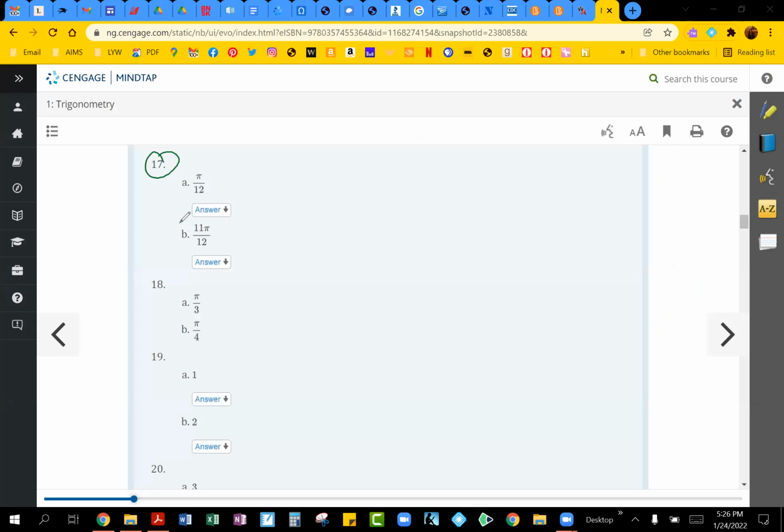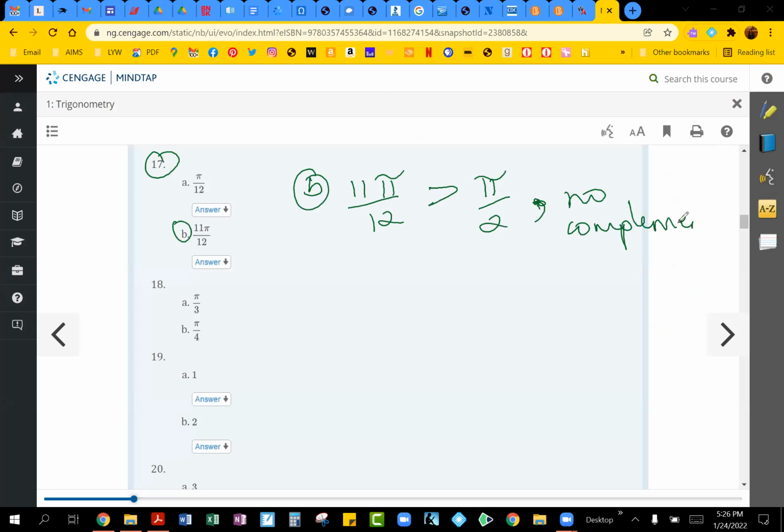So this is part B. Since this is greater than pi halves, we have no complement. And then for the supplement, can you tell me what the supplement will come out to be for this?